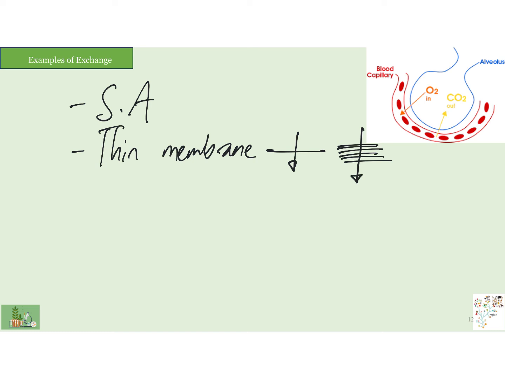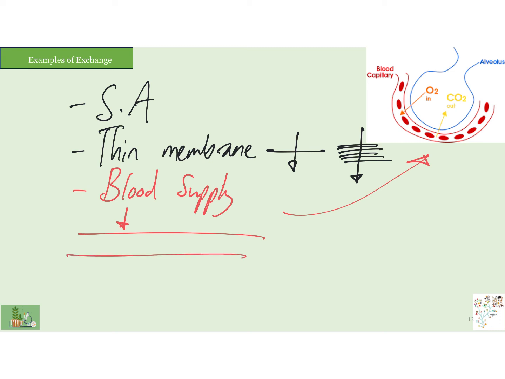You want them to maintain a concentration gradient, and in animals, the concentration is maintained by providing a very good blood supply. The small intestine and the alveoli, which you can see here, have what we describe as a copious or an efficient blood supply, which means every time a molecule moves into the blood, it's taken away. So the blood supply maintains the concentration gradient.